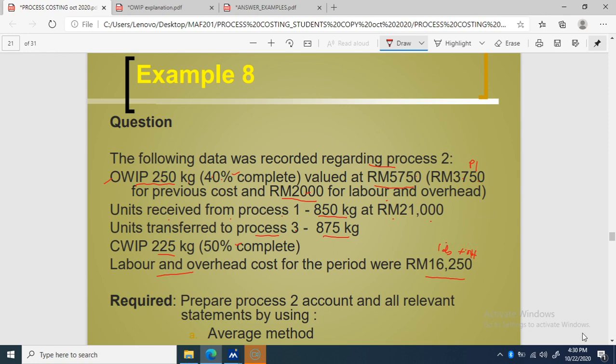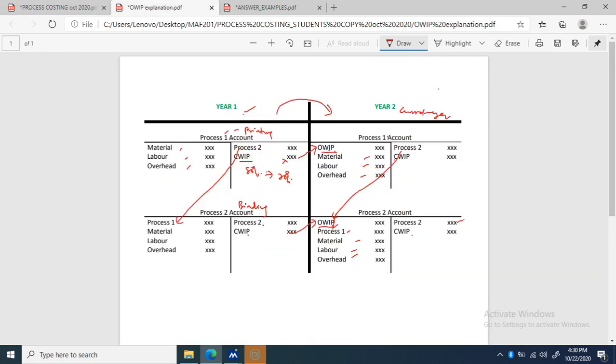So you are required to prepare process 2 accounts and all relevant statements by using, first, the average method. So in this case, we are in this area, and you have to prepare the process 2 account. You have OWIP from the last period, and you have previously transferred from P1.